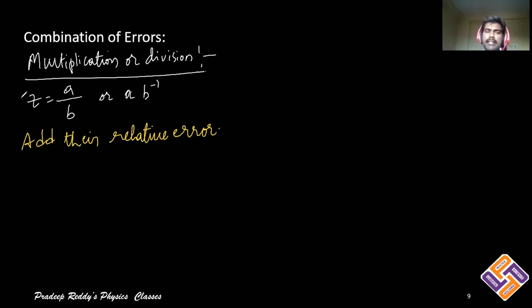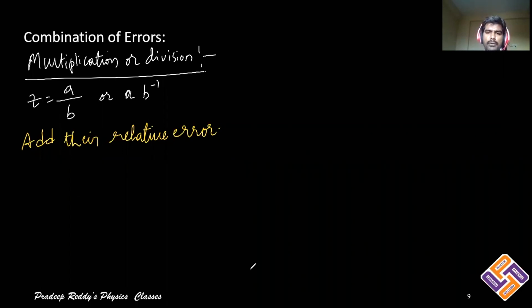Z is a physical quantity which is depending upon A and B. Therefore, in order to find out the error in Z, what you will do? You will add the relative errors in A and B.